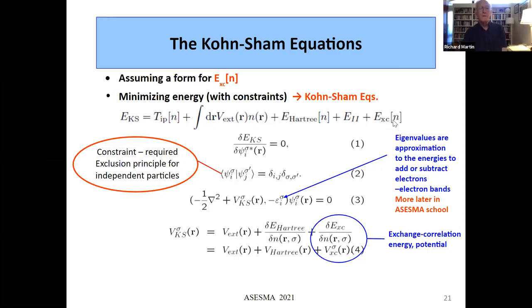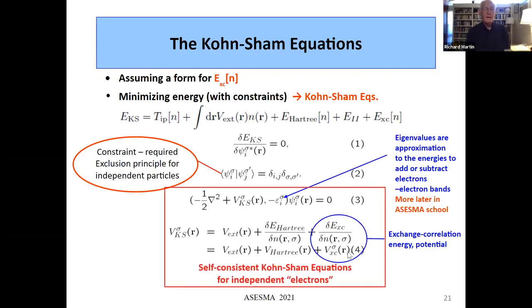And you can use the chain rule to calculate the effect of all these potential terms that involve the density, by taking the derivative with respect to the density, and then the derivative of the density with respect to the wave function, and you find that the potential is the external potential, the Hartree potential, that's very simple to calculate once you know the density, and the exchange correlation. That's also simple to calculate if somebody gives you the exchange correlation functional.